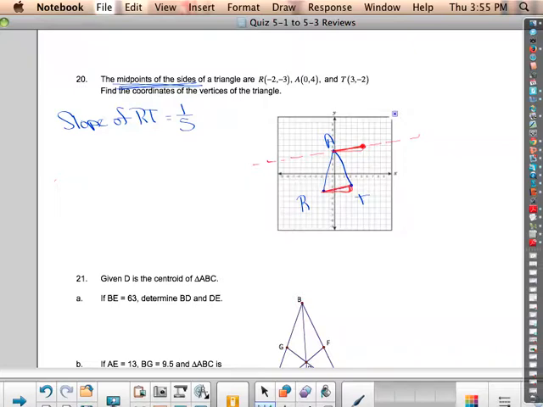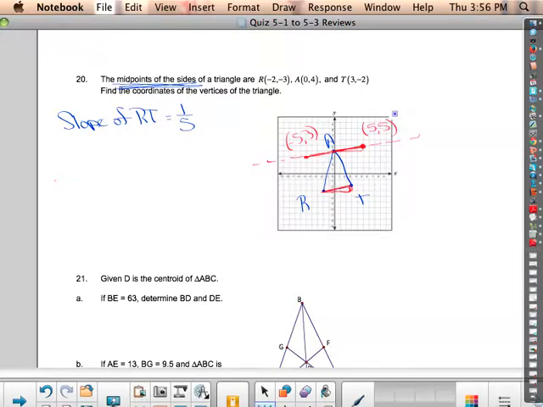So for that line, we just went up 1 and to the right 5. To find the other, we're going to go down 1 and to the left. So now I have two of the points I need. I have -5, 3, and I have 5, 5.